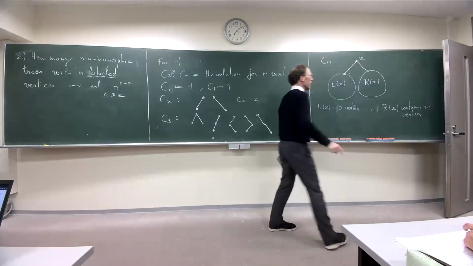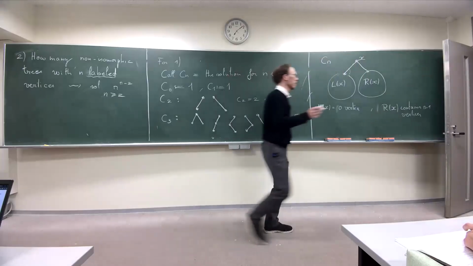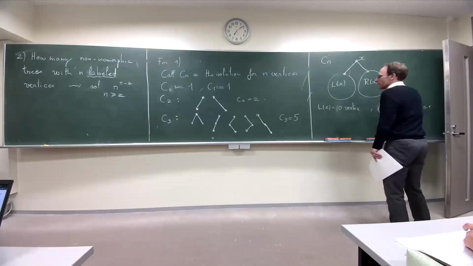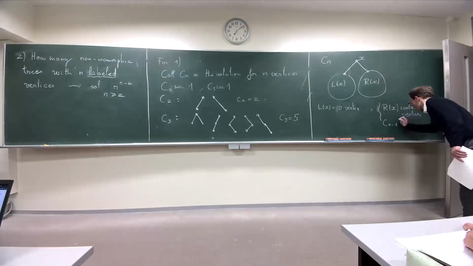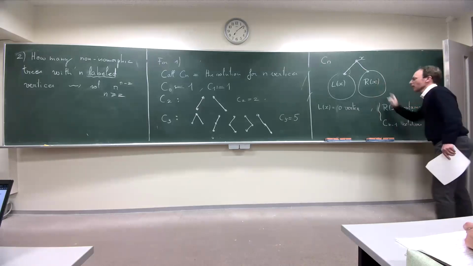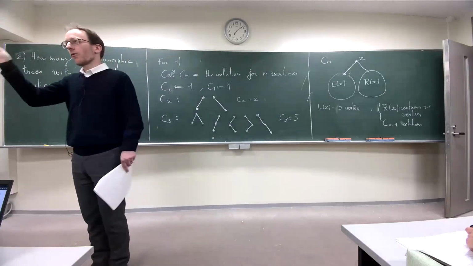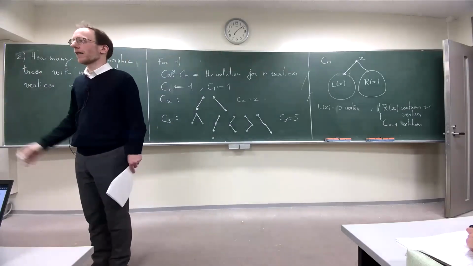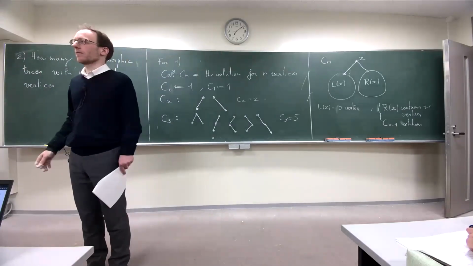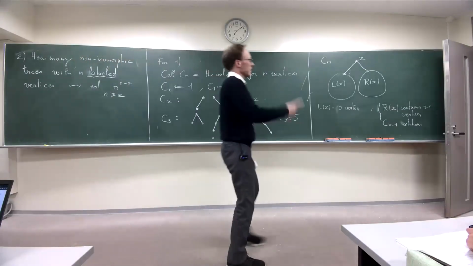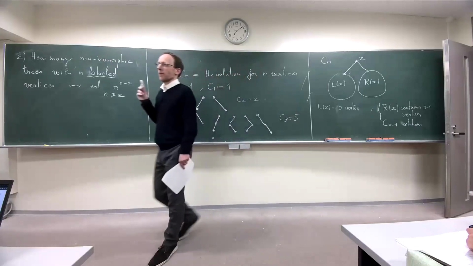And for n minus 1, we have Cn minus 1 solutions, because it has to be a binary tree. So we have Cn minus 1 ways to construct this binary tree with n minus 1 vertices. Think about it. But of course, this is only one possibility.